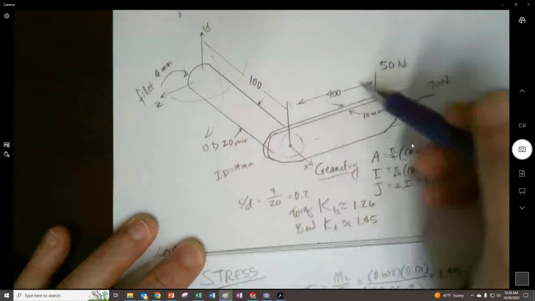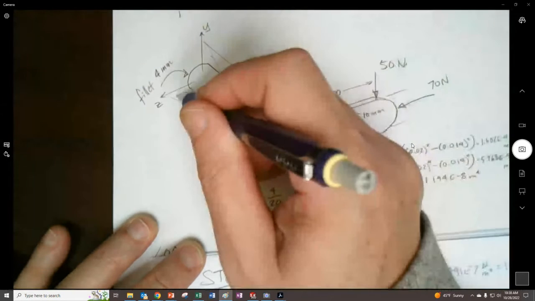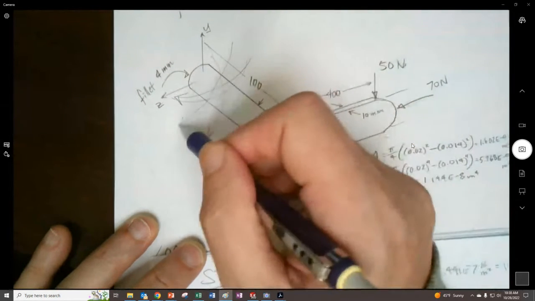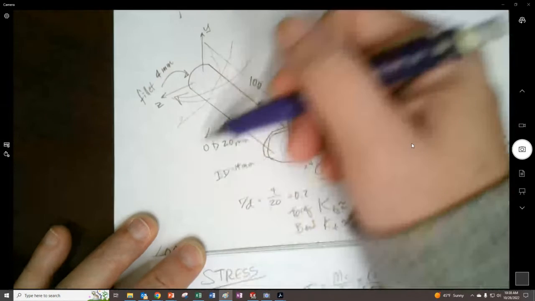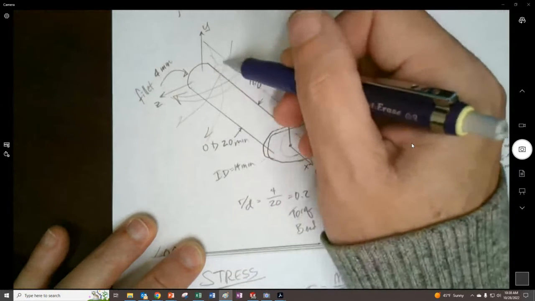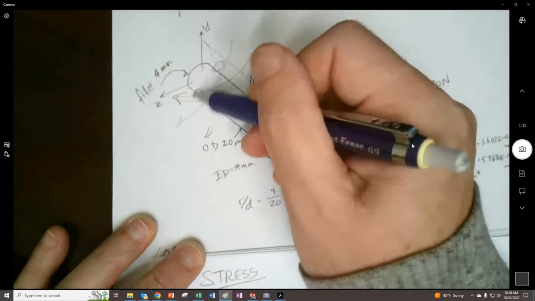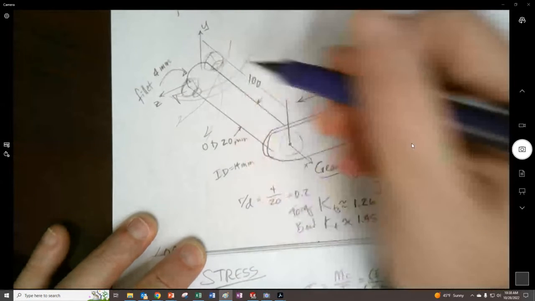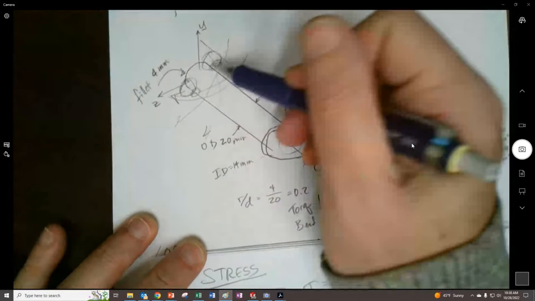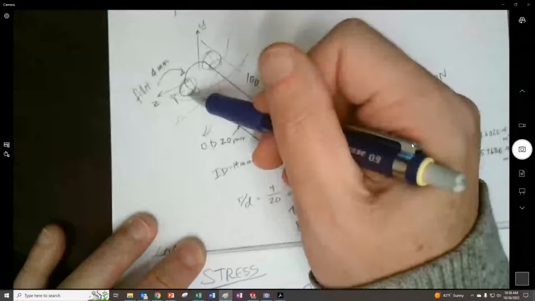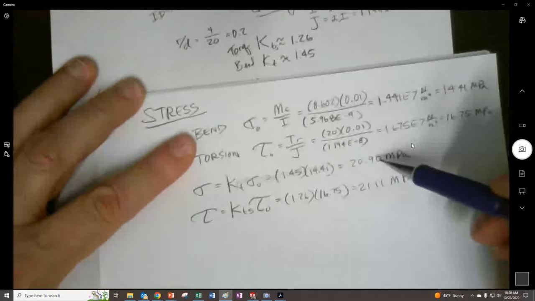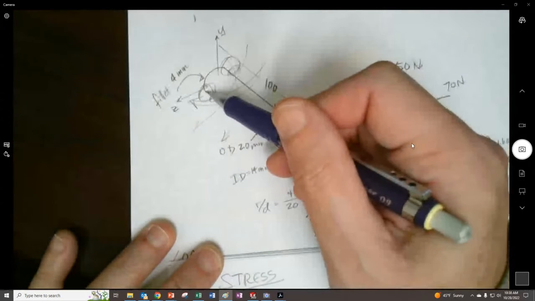And the 70 was making a bend coming down about the Y. So the overall bending is going to be down and to the left over here. So there's going to be tension somewhere up here and compression somewhere down there. Maybe I'll make it right in there. So we're going to have that tension stress in the normal direction of like 20.90 and compression over here.